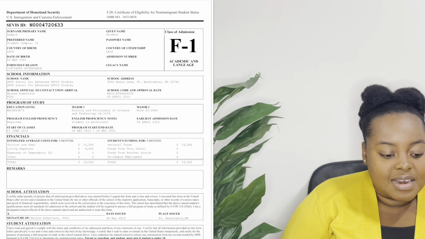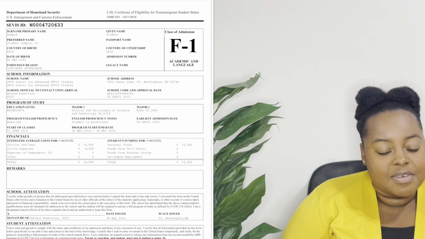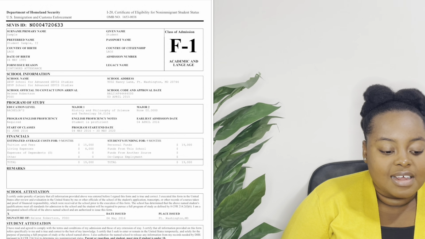Yeah, so when I got my I-20, it gave me my Sevis ID, which I need to pay my Sevis fee. The Sevis fee is currently $350 for F1 visa and $220 for J1 visa. So basically, it tells you your name, your country, the form issue reason, and for mine, it was my first time, so it was initial attendance.